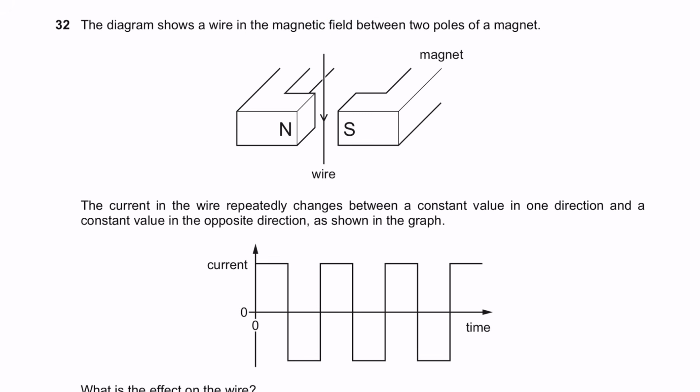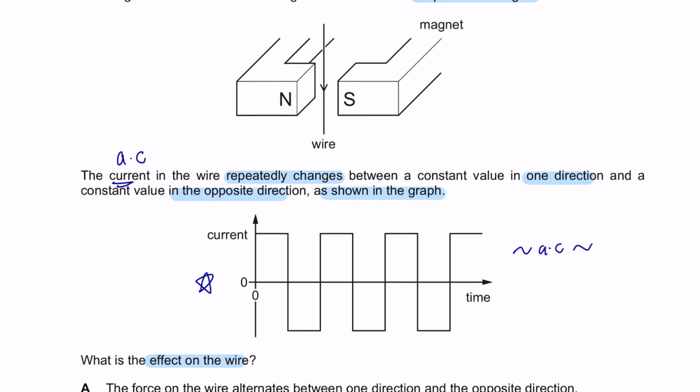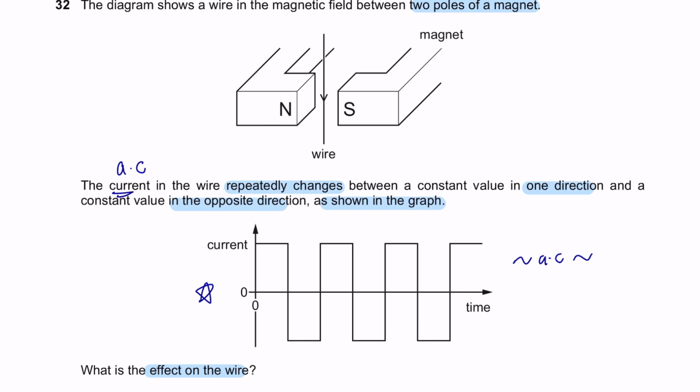Question 32. The diagram shows a wire in the magnetic field between two poles of a magnet. The current in the wire repeatedly changes between a constant value in one direction and a constant value in the opposite direction, as shown in the graph. What is the effect on the wire? The effect on the wire meaning that we're looking to find the direction of the force on the wire.